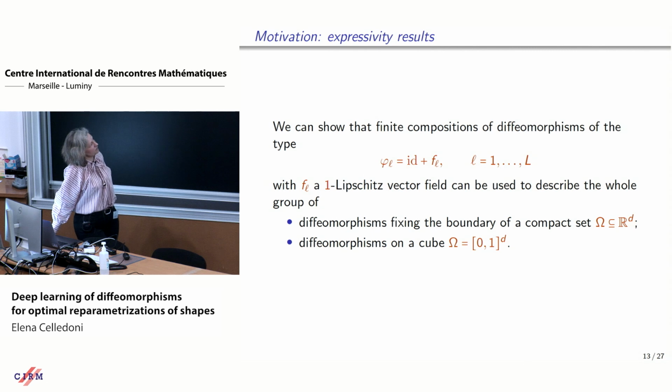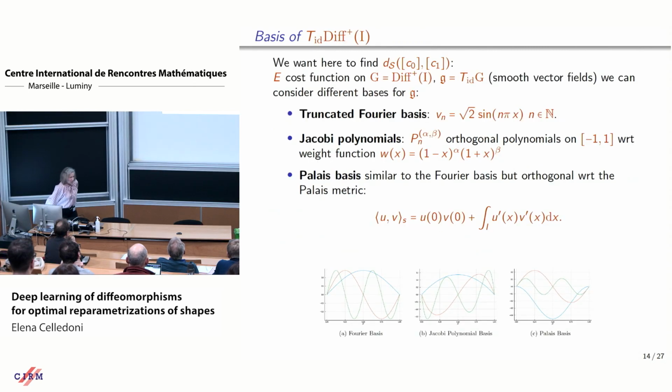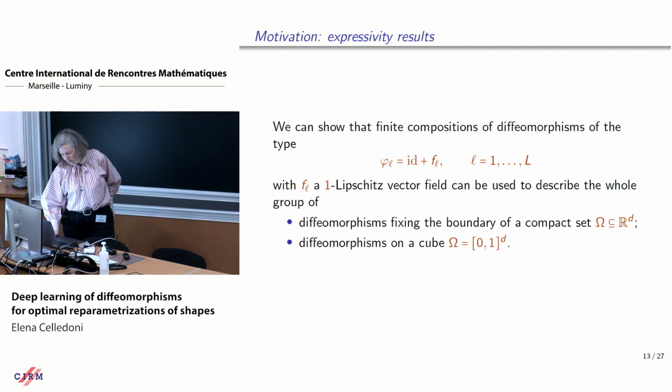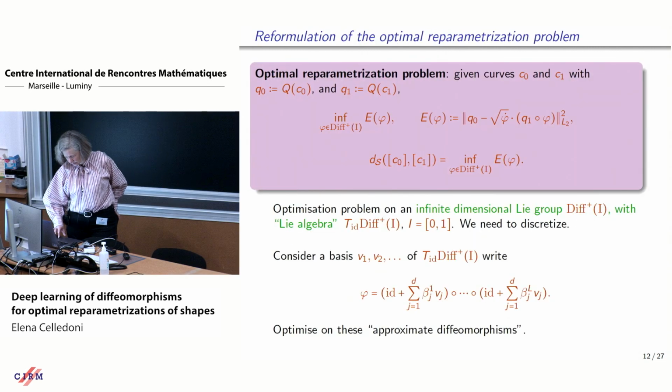Okay, so we will distinguish the case of diffeomorphisms fixing the boundary and diffeomorphisms on a cube, because those are the applications that we have been looking at. Okay, let me show you some results. Let me go back just a second. I call this deep learning of diffeomorphisms. Why is that?